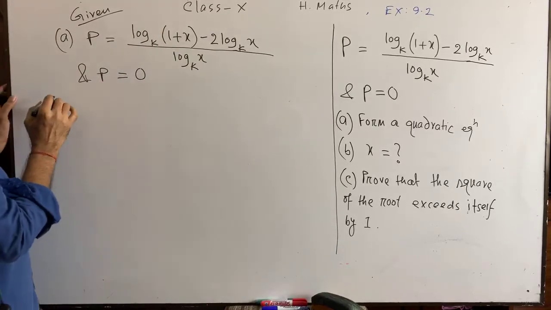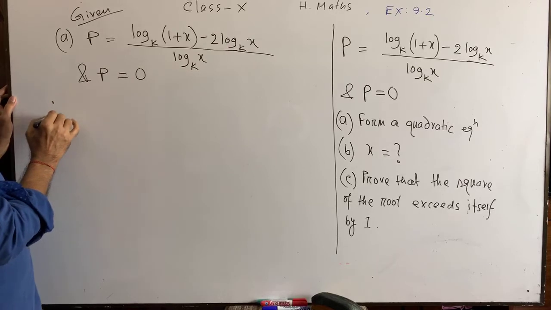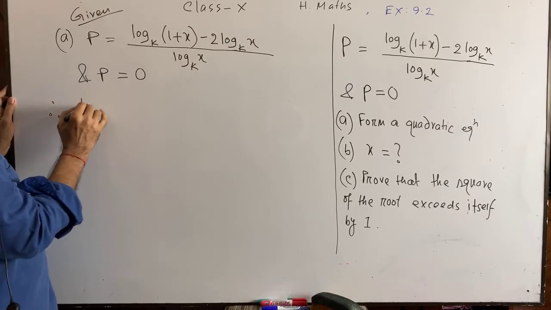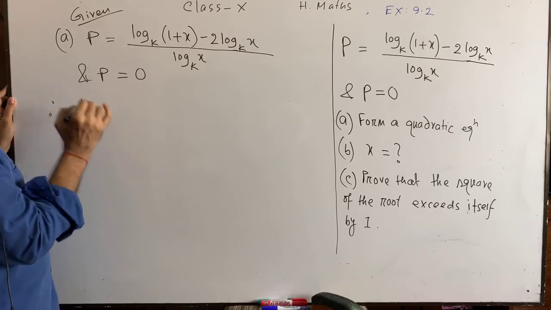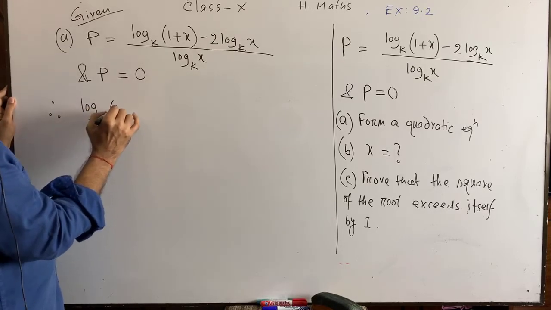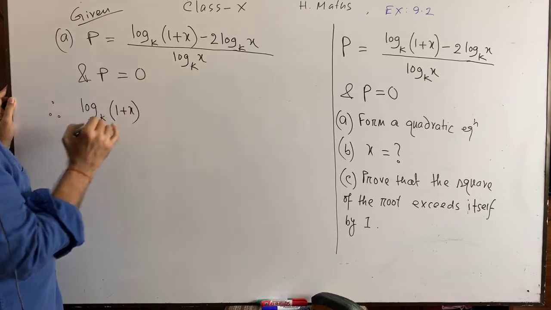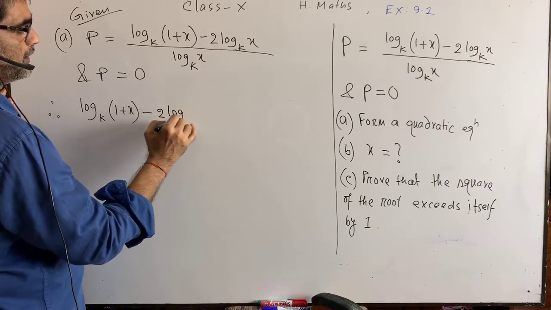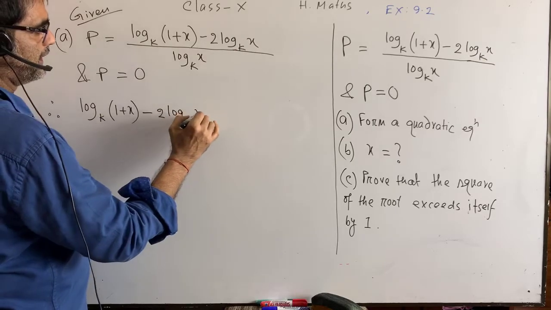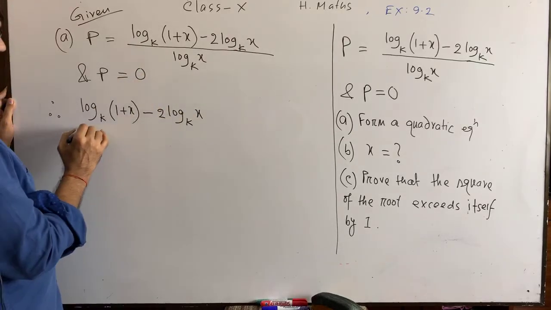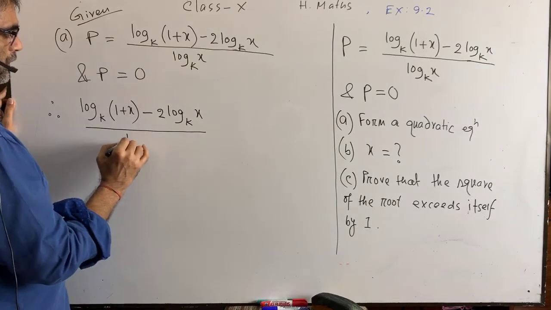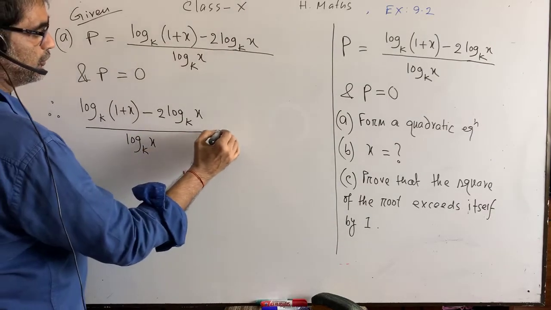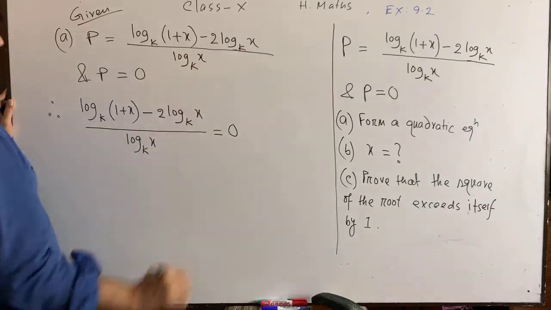Therefore, log base k of (1 plus x) minus 2 log base k of x, by log base k of x, equals to 0, right?